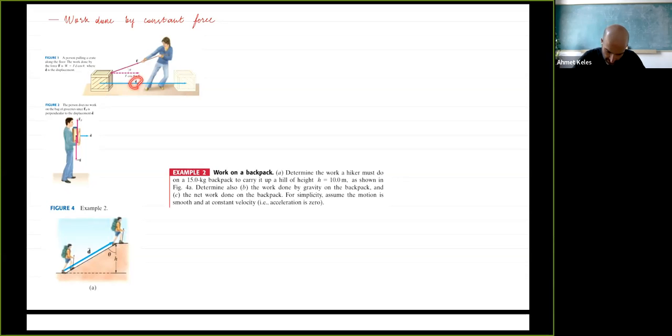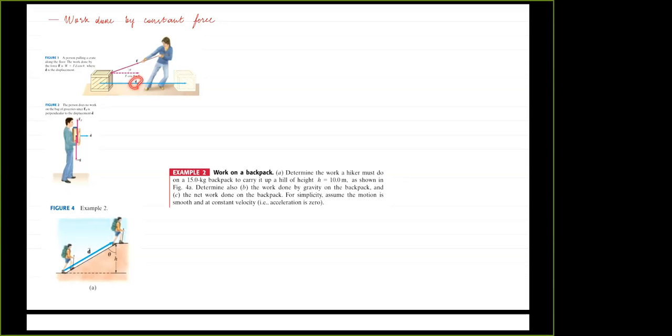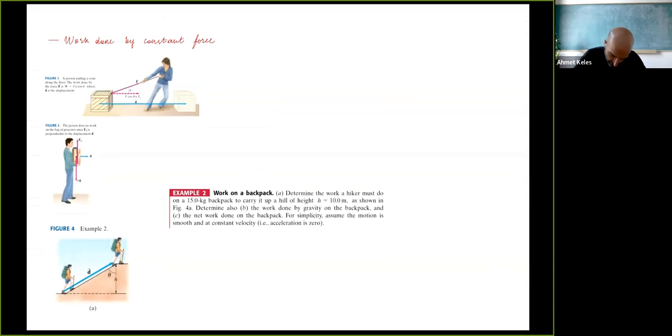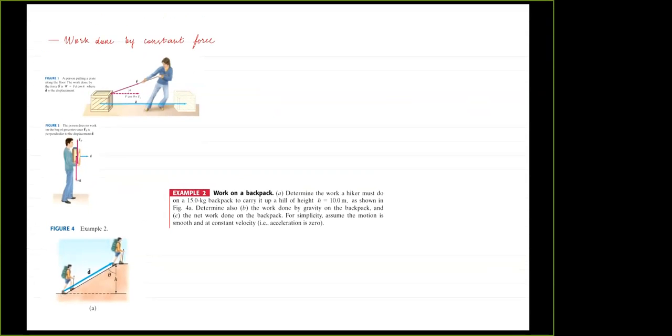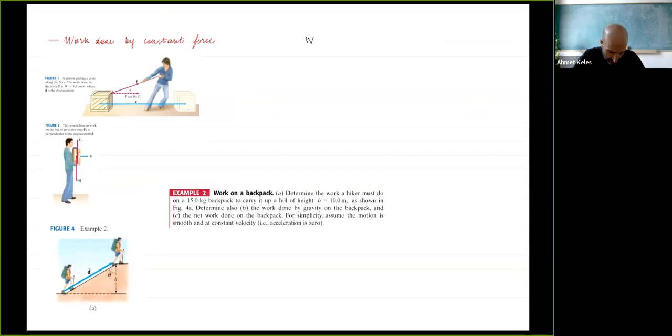I think it's best to define what it is first, and then talk about it. So I want to define work, which I show with W, as equal to the parallel component of this force, F parallel, times the total displacement D. In this form, this is a scalar quantity.